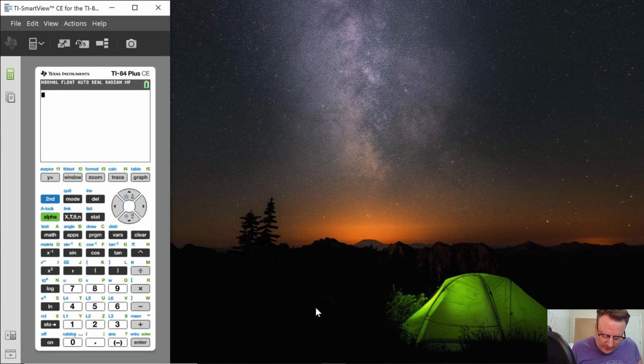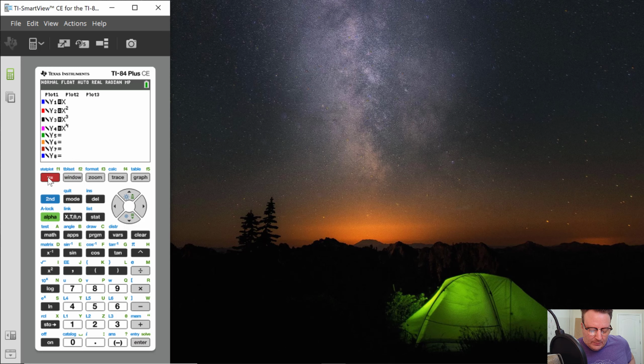And so over here I've put in the functions. Y sub 1 is just the power function x. Y sub 2 is x squared. Y sub 3 is x cubed. Y sub 4 is x to the 4th. And I've graphed these power functions.